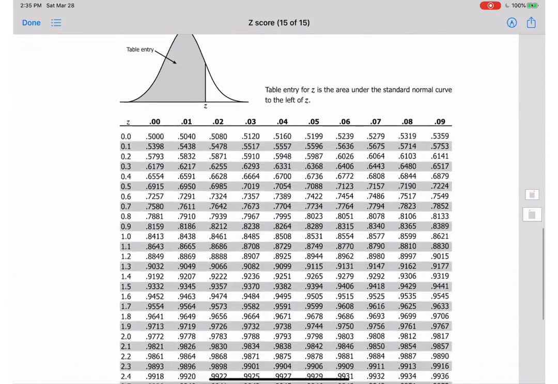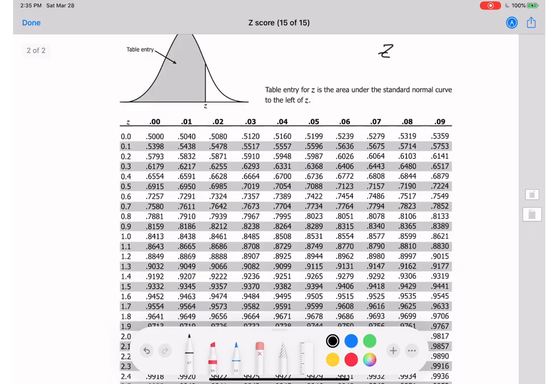Okay, and let me take another one. From this case, let's say we want to find z-score with the value 0.9. What we're gonna do in this case? We're gonna take 0.9, here it is, and because in our case it's only 0.9, that means the second number is gonna be 0 also, right?